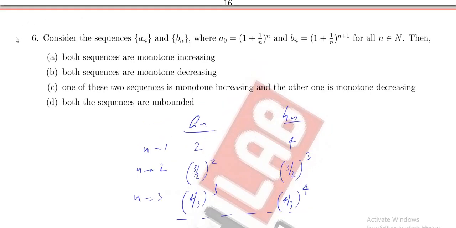See question number 6. We have two sequences a_n and b_n, and a_n is (1 plus 1 by n) to the power n, and it's a classical sequence, right?